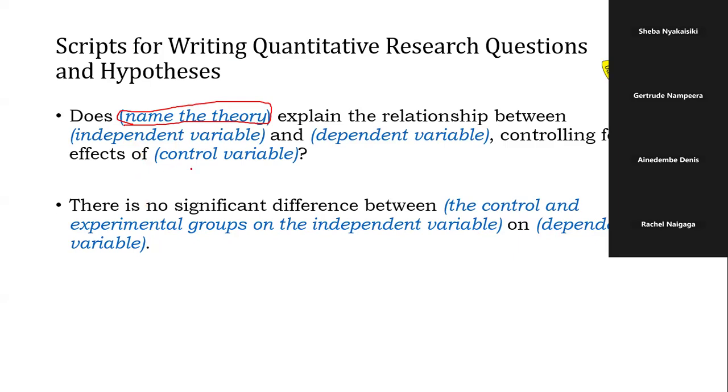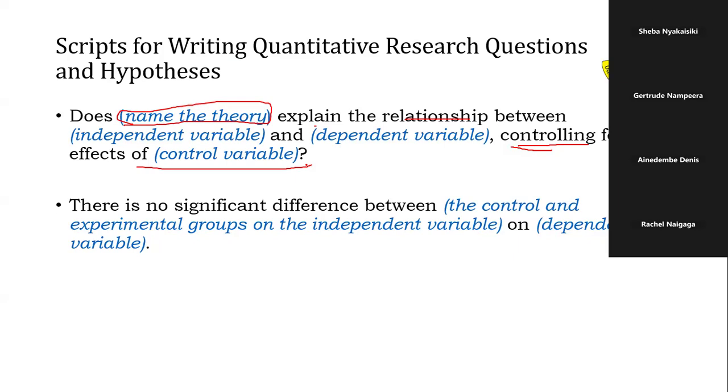And then the other thing is, the theory, first of all, helps to explain the relationship. And then the other thing is to look for what can control the effects of the variable, because we want to consider a situation where there's limited control so that we can have the most precise answers that we could get.